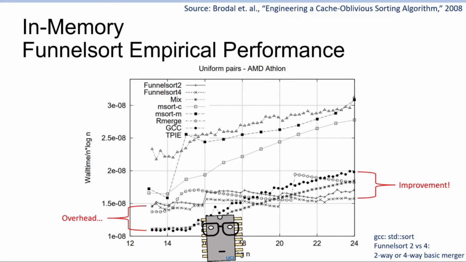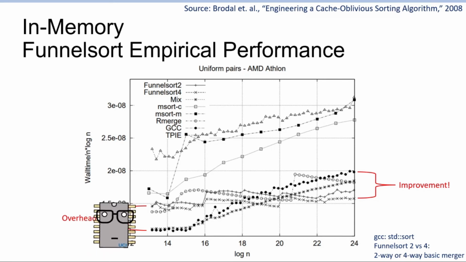When we look at very, very small sizes of data sets, so x-axis is log of n, so if you look at data sizes of a few thousand elements, when cache effects aren't that important, compare that to funnel sort, these lines here.